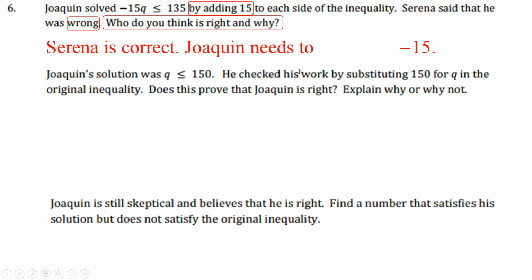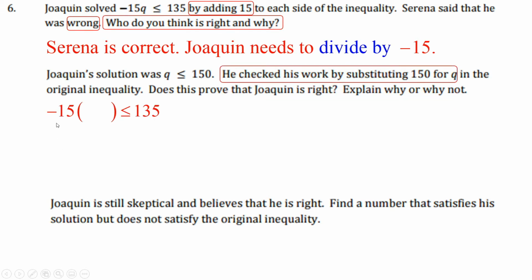By the way, Joaquin needs to divide by -15, not add 15. But when Joaquin checked his work, look what happened. -15, and what did he do? He substituted 150 for q. So this q right here is now 150, and Joaquin wants to know, is this a true statement?